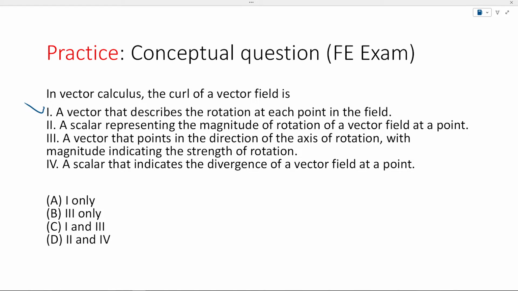It tells you the strength of the rotation and the direction. So we know that this one is not correct.